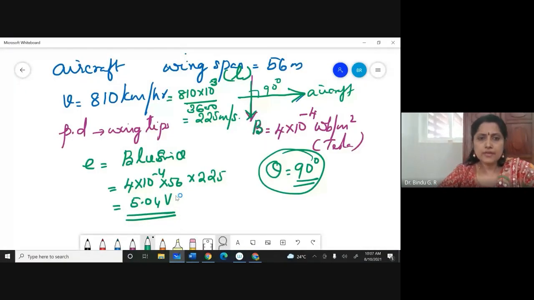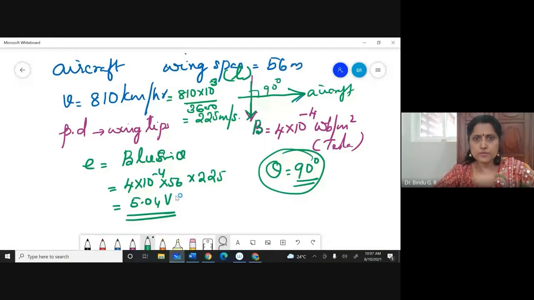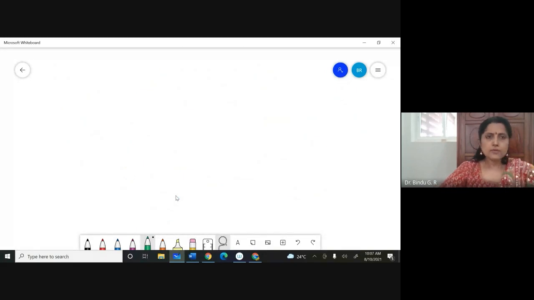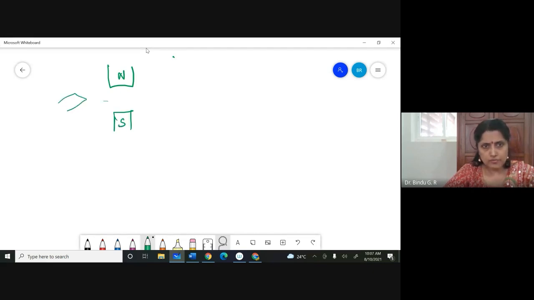So this was what we did yesterday. So today we'll go on to this itself. Yesterday when we discussed dynamically induced EMF, we said if you have a north pole and a south pole, and if you move a conductor within this, an EMF is induced.